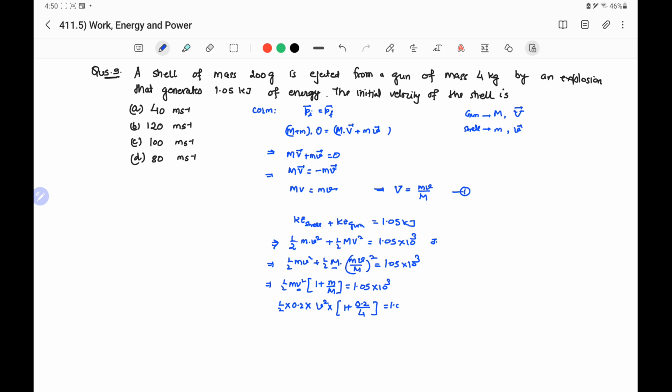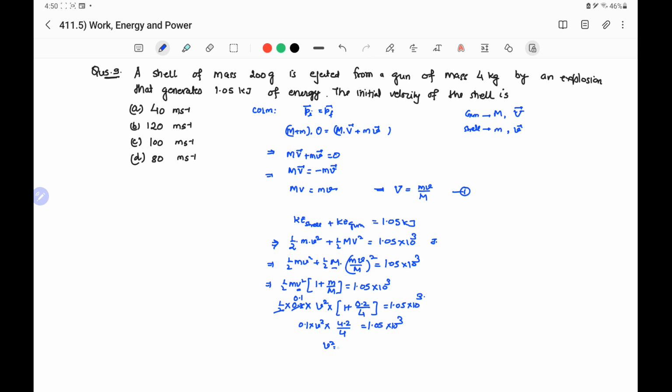It is equal to 1.05 into 10 to the power 3. This 2 gets cancelled by this 2, so it is 0.1. So 0.1 into v square into, on adding we have 4.2 by 4, equal to 1.05 into 10 to the power 3.